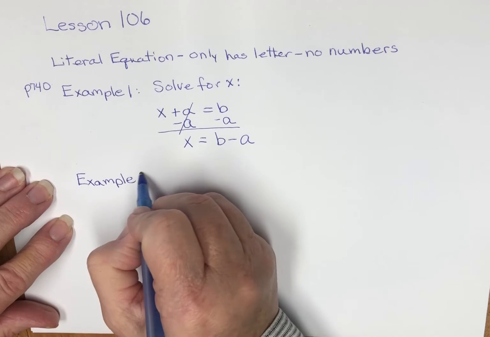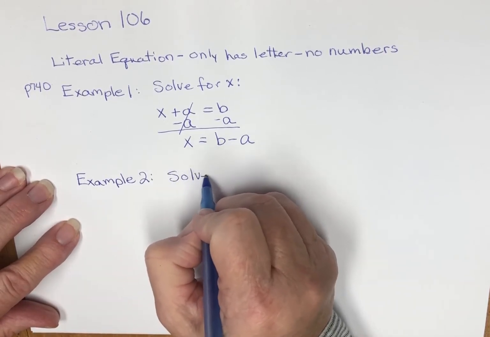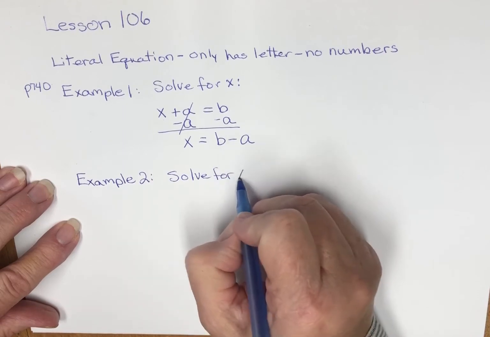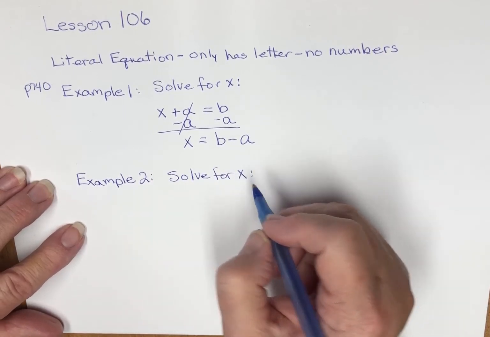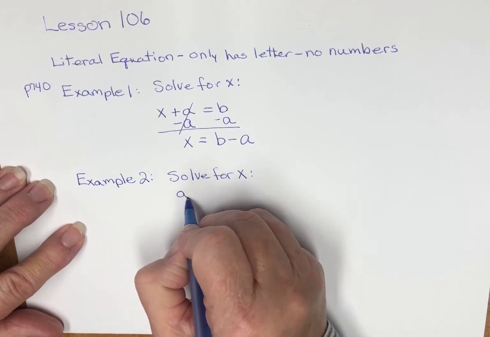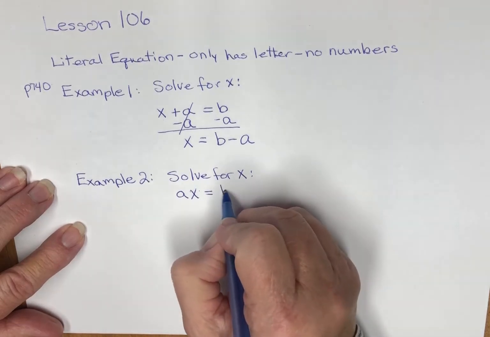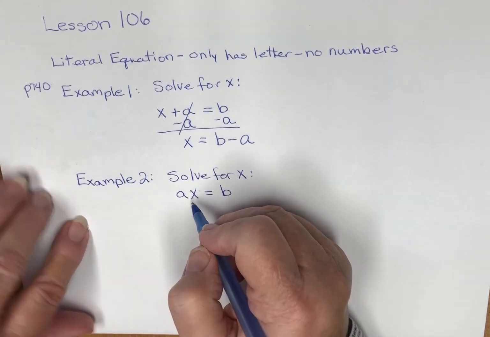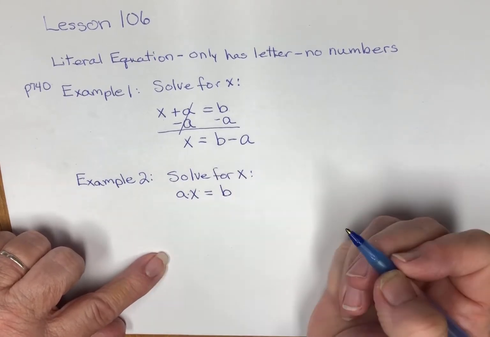All right, so example number 2 also tells us to solve for x. And here's our problem. A times x is equal to b. Now this is not the exponent x. There's a multiplication sign right in the middle there.